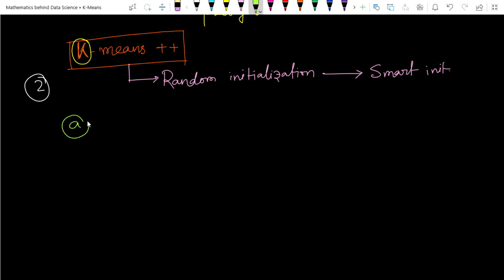The first step is to pick the first centroid randomly. Instead of taking k random values, we will pick a single random point.